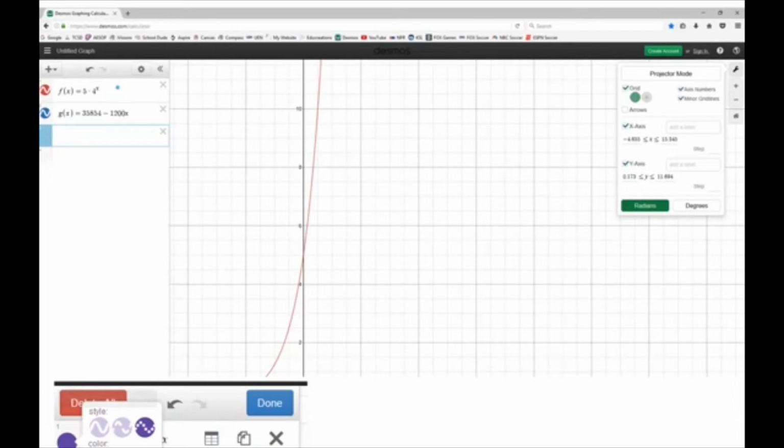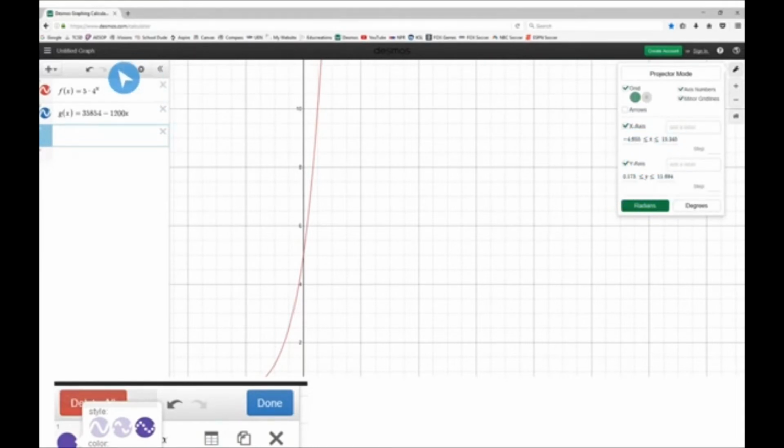This obviously is where you put your equations. Notice I put them in exactly how I wrote them. Okay, they gave me the colors there. So I know I can only see red, I can't see my blue. Why not? Because my y-intercept is so high. That's just a 10. So over here, you can click on this. You can click on projector mode, which makes the graphs thicker. And then you can adjust your x and your y axes to help you see the whole picture.